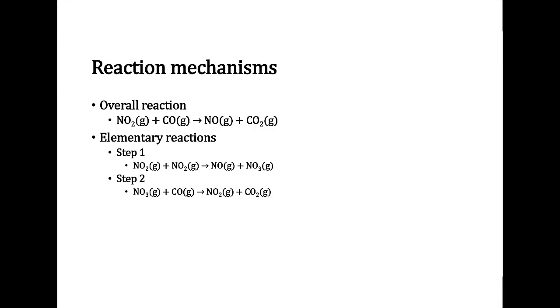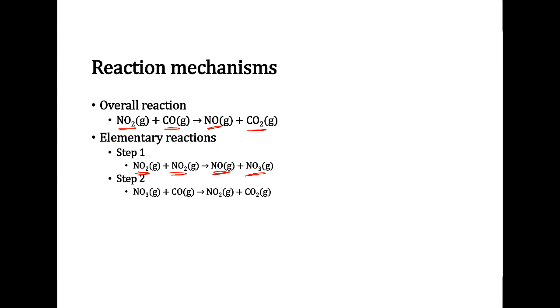So here, we have our overall reaction of NO2 reacting with carbon monoxide going on to form NO and CO2. There's a proposed mechanism for this, and the proposed mechanism is that two NO2 molecules smash together, and upon that collision, they form one NO molecule and one NO3 molecule.